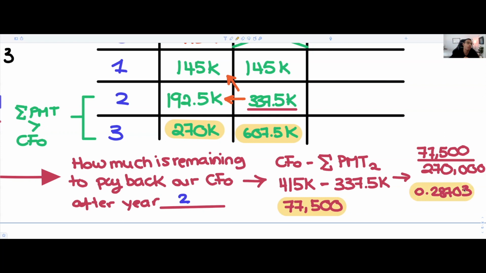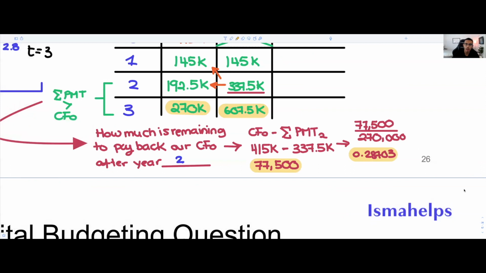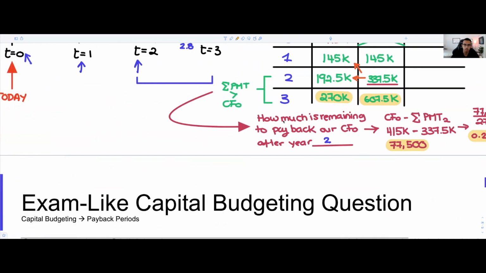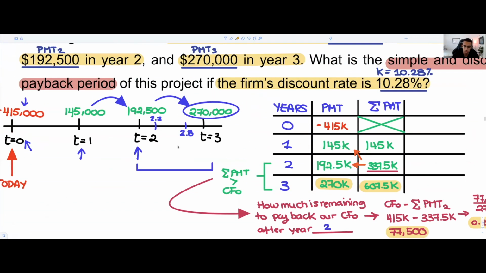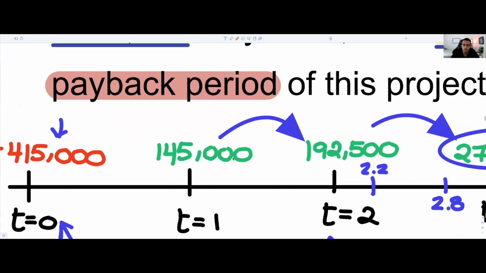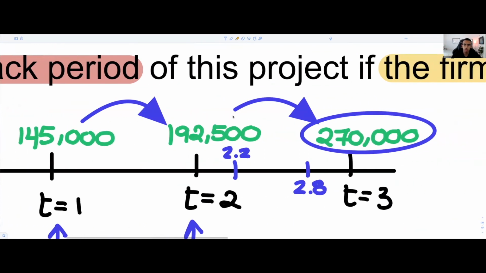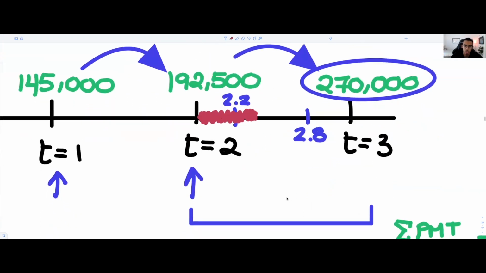To be able to say, okay, we paid our initial investment. So if we go back to our previous little timeline, if we were to zoom in, once again, sorry for zooming in too much, we will notice, if we want to visualize this, that we only needed this amount of the year. This is the only portion of the year that we needed to be able to pay back our original investment.